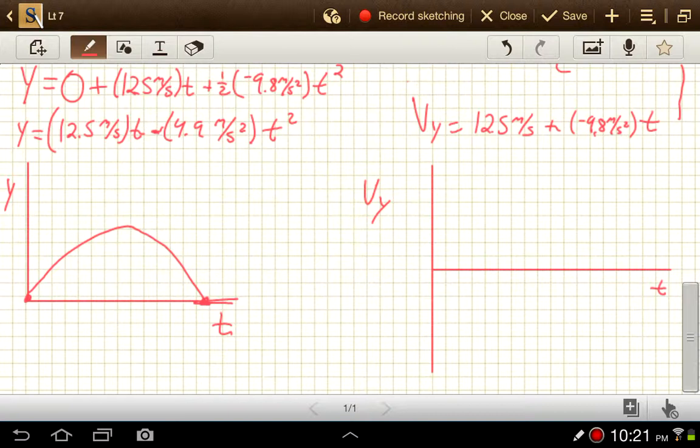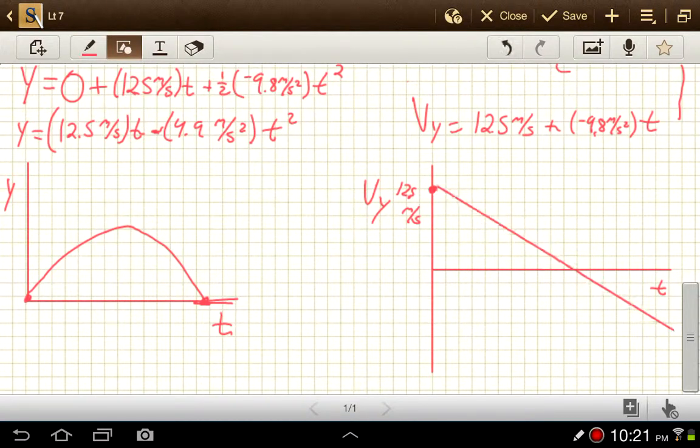And so it turns out that this graph is going to start out at some positive value, 12.5 meters per second up here. And then from there it's going to be traveling downward, a straight line with a negative slope because of this negative 9.8 meters per second squared.